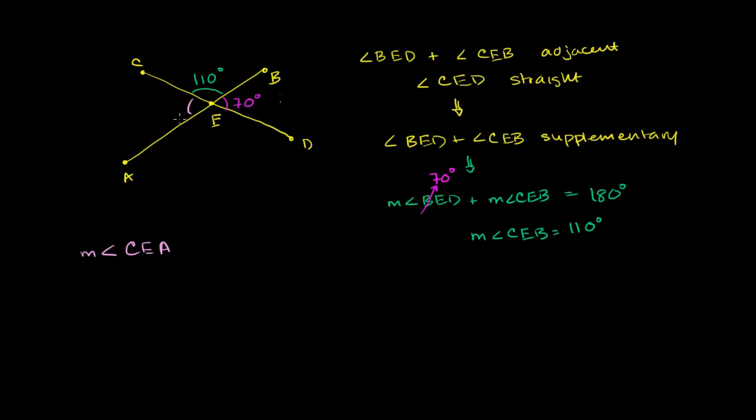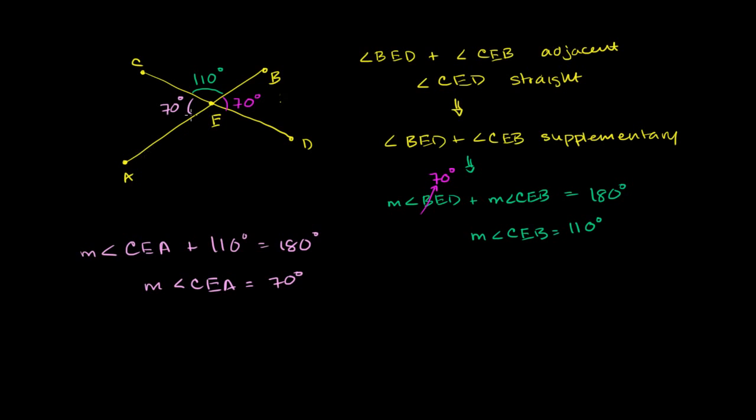So they must add up to 180 degrees. So the measure of angle CEA plus the measure of angle CEB, which is 110 degrees, must be equal to 180 degrees. So once again, subtract 110 from both sides. You get the measure of angle CEA is equal to 70 degrees. So this one right over here is also 70 degrees.